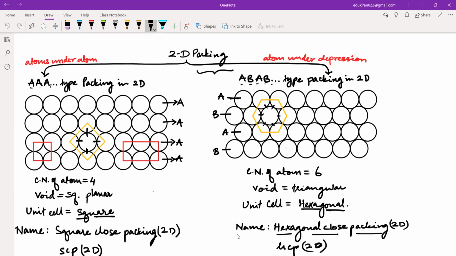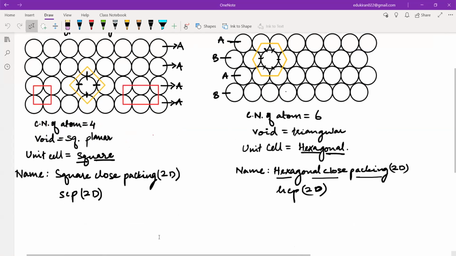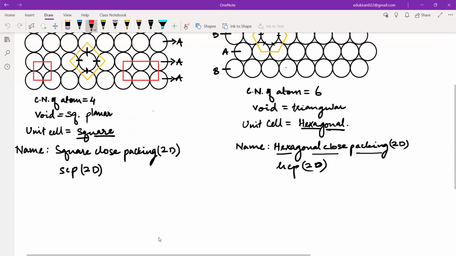But let us suppose 2D packing was there, then which would have been preferred, AAA type or ABAB type? For this, we have a very important concept known as packing efficiency.